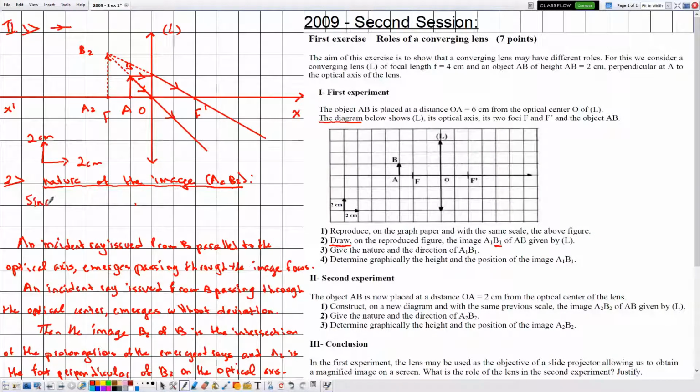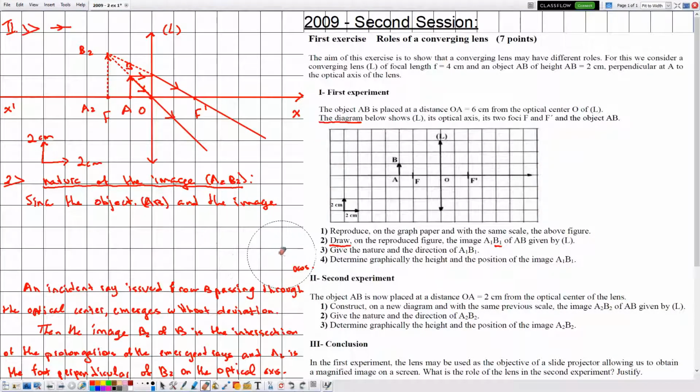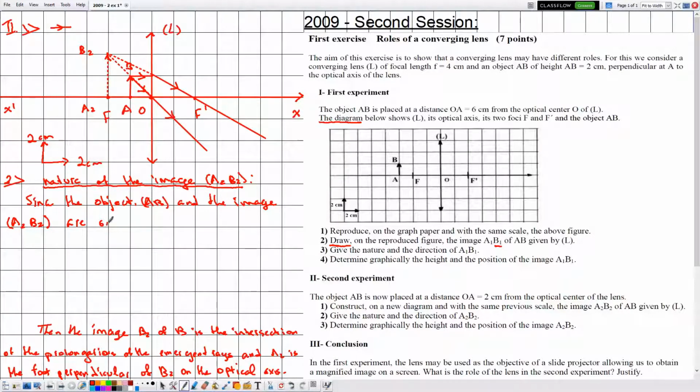Since the object AB and the image A2B2 are on the same side, then the image A2B2 is virtual.